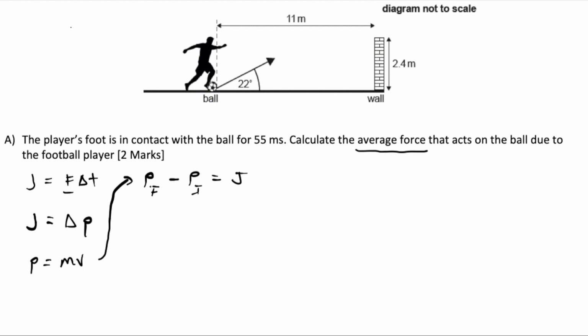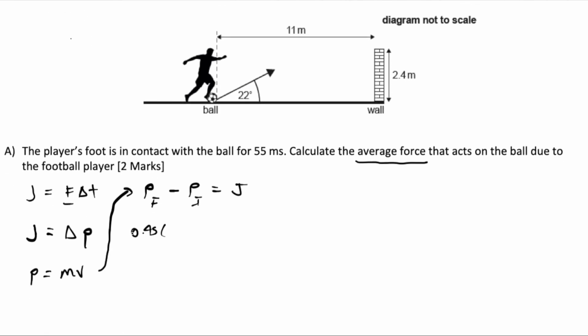So what is the final momentum? It will just be the mass 0.45 kg times the final velocity, which is 19 meters per second, that's the velocity after it was kicked, minus the initial momentum, which is again 0.45 kg times the initial velocity.